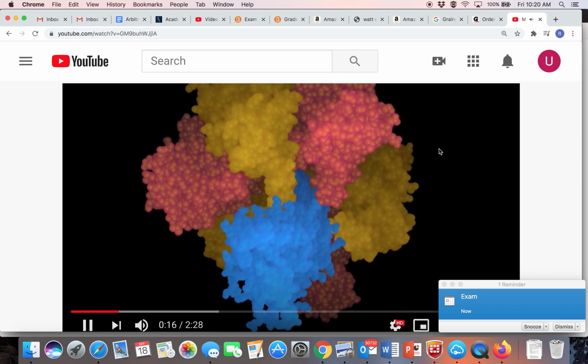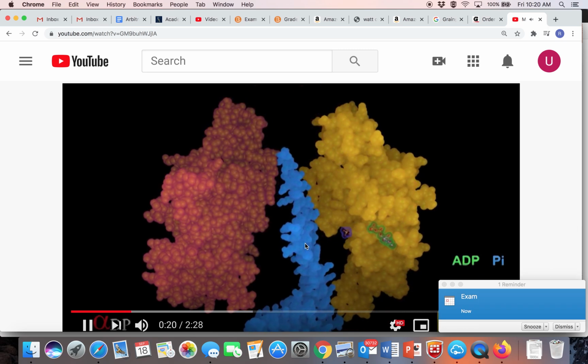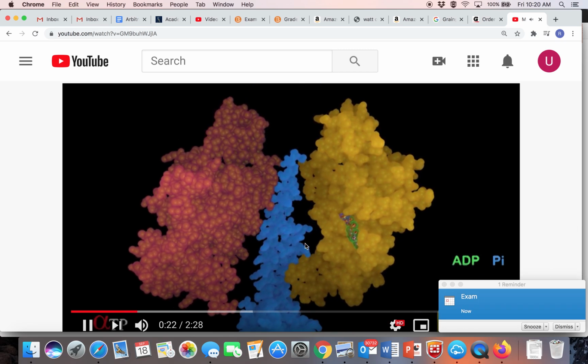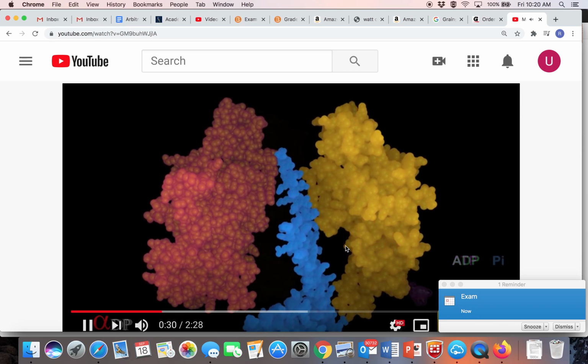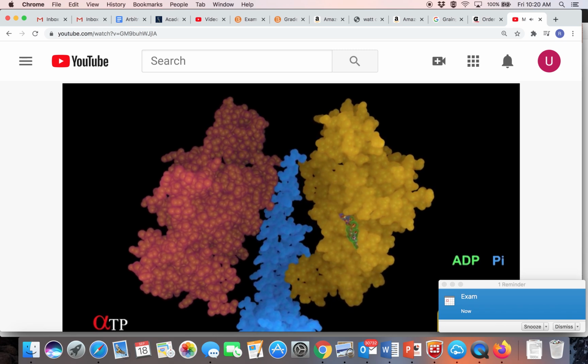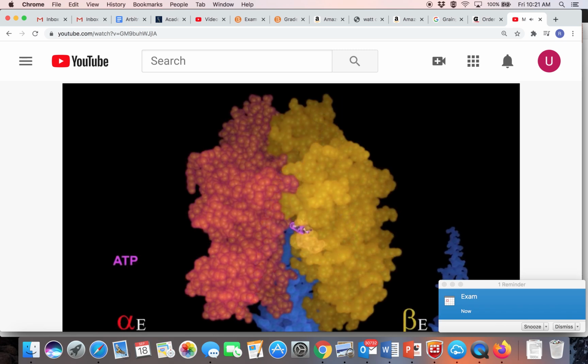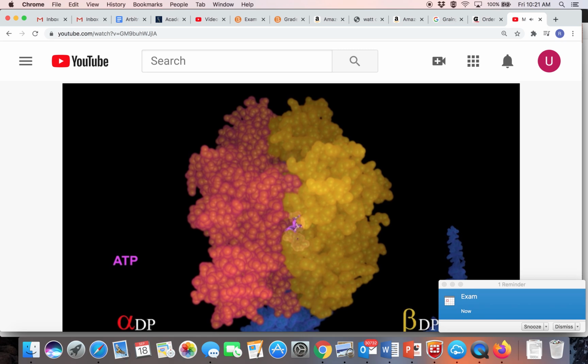This is now just focusing in on the head, and that blue is the cam. So as it moves around, these subunits change shape, and they go through the 3 different phases of open, loose, tight. So open binds ADP and P, loose holds them, and then tight squeezes them together, and then back to open, ATP gets released.